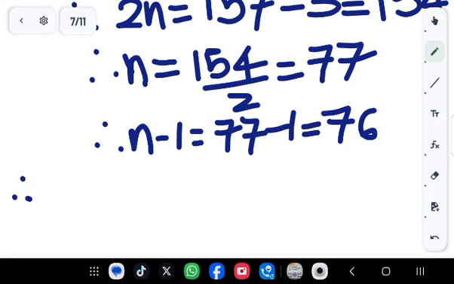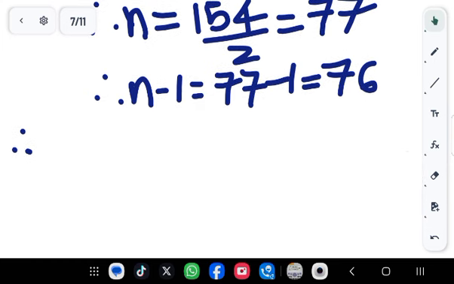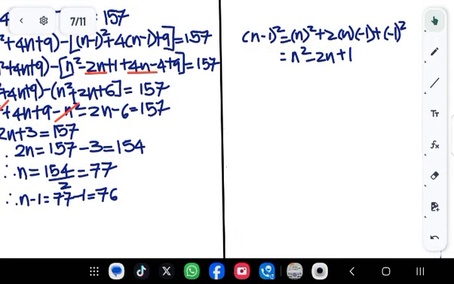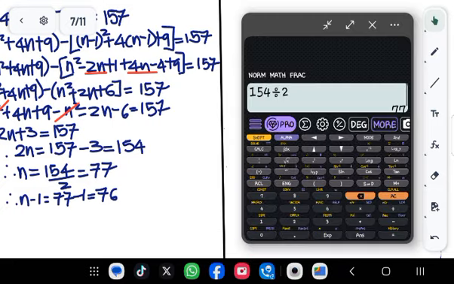Therefore, before we make any conclusions, let's just check if the difference between the two terms gives us 157. Take out a calculator. Alright, so we go term 77 minus term 76.